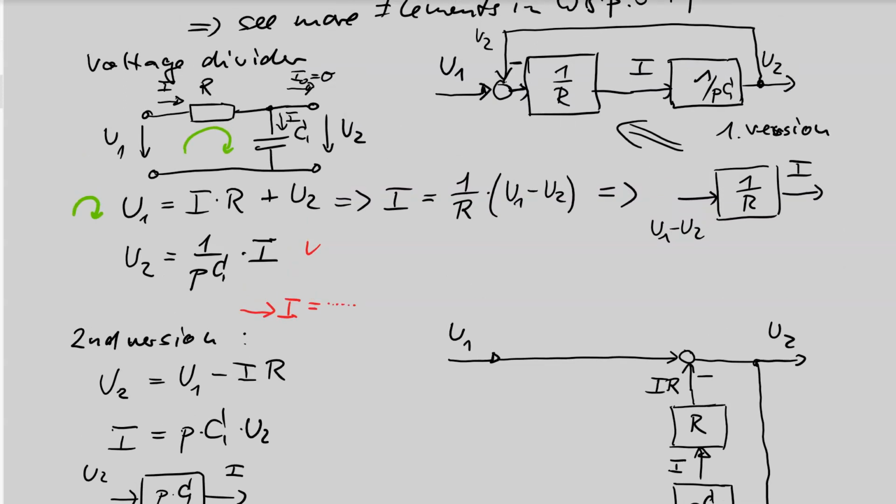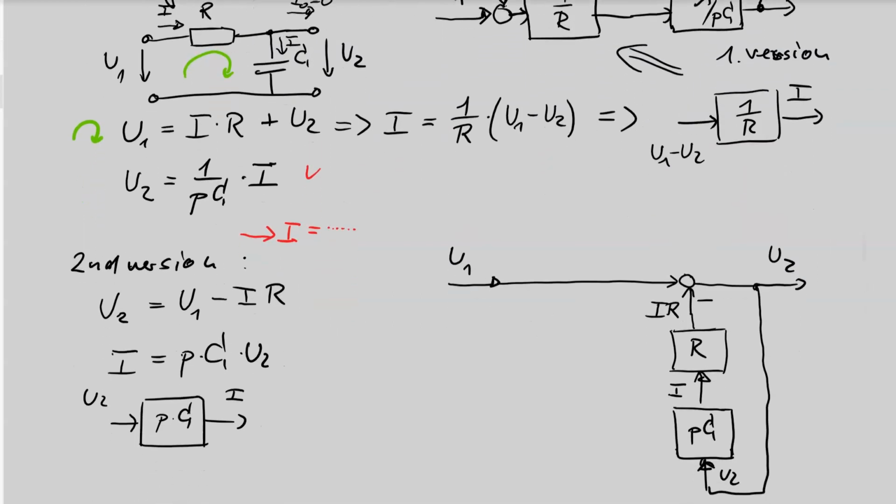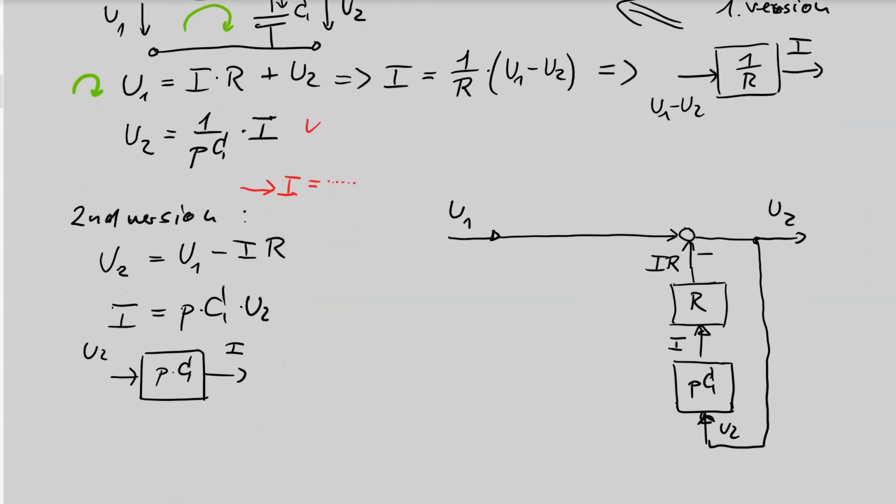If we try to simulate them in a digital simulation system, there is one thing where we can say one is better than the other. We can say here, this multiplication with P comes from a differentiation.